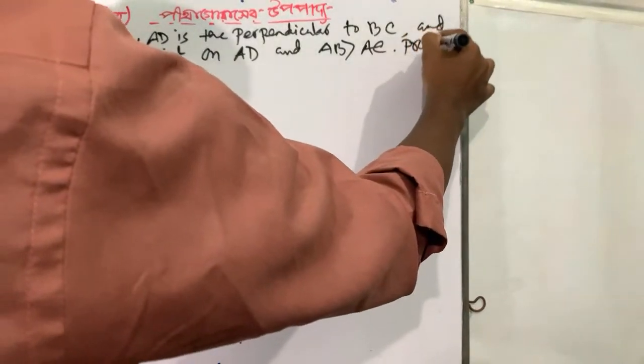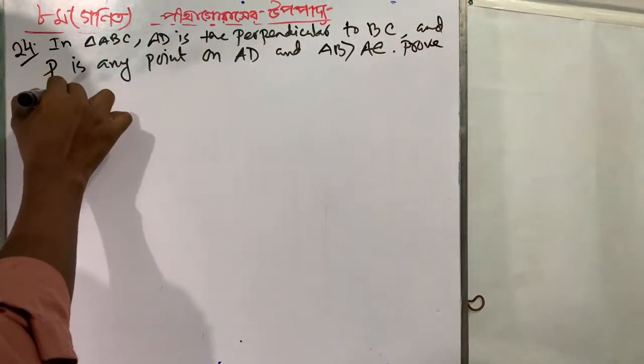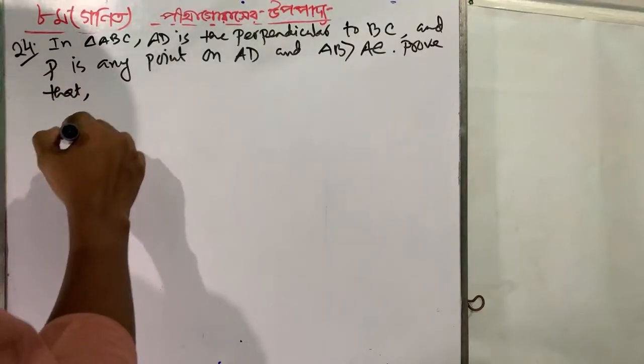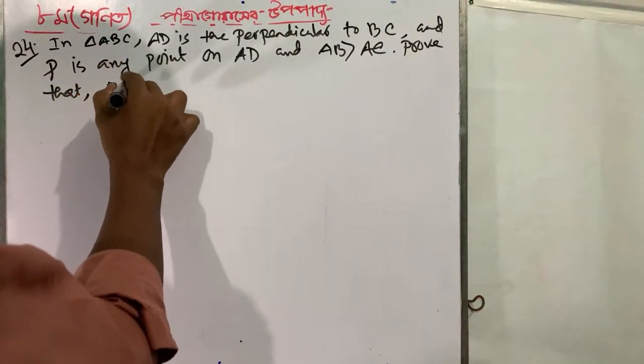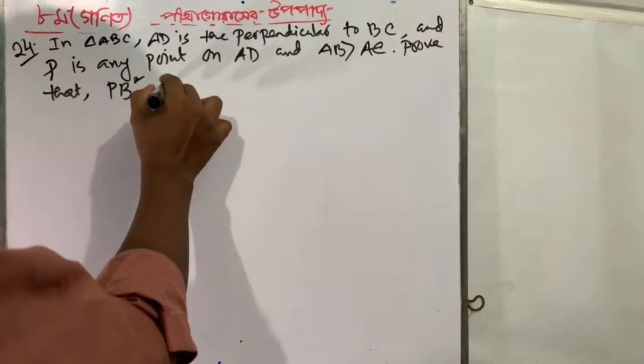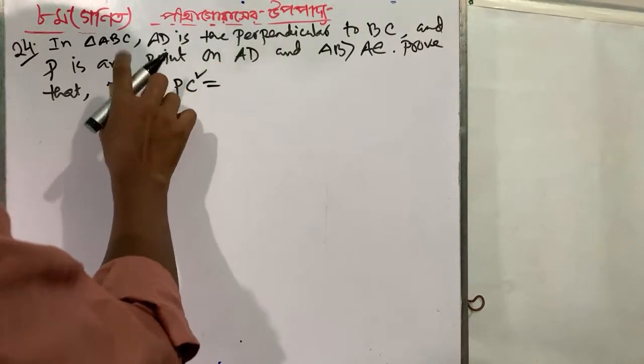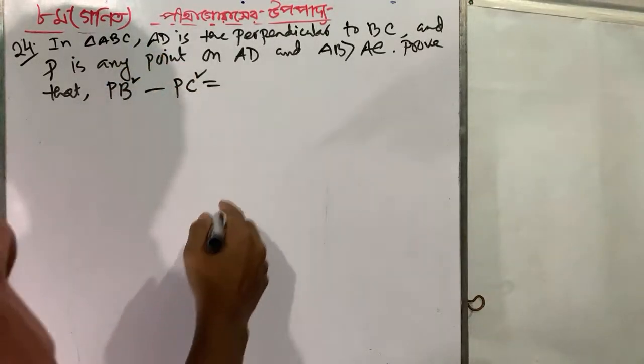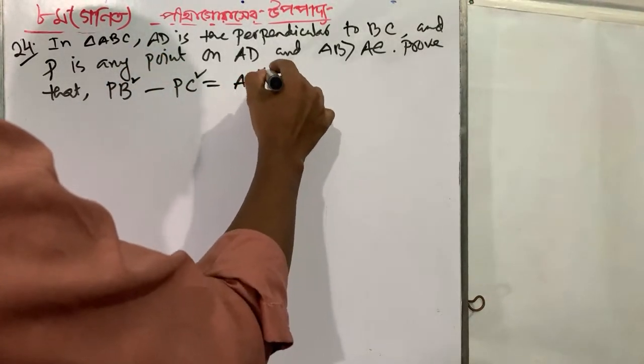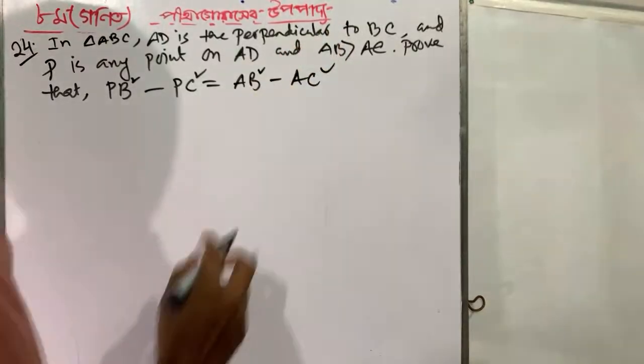Now prove that PB square minus PC square is equal to AB square minus AC square.